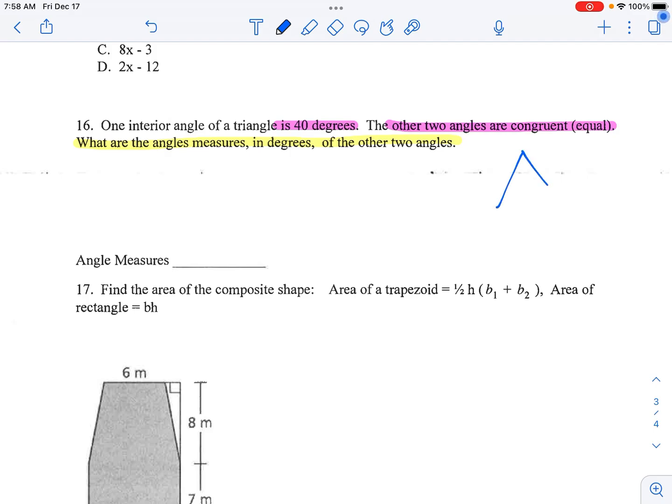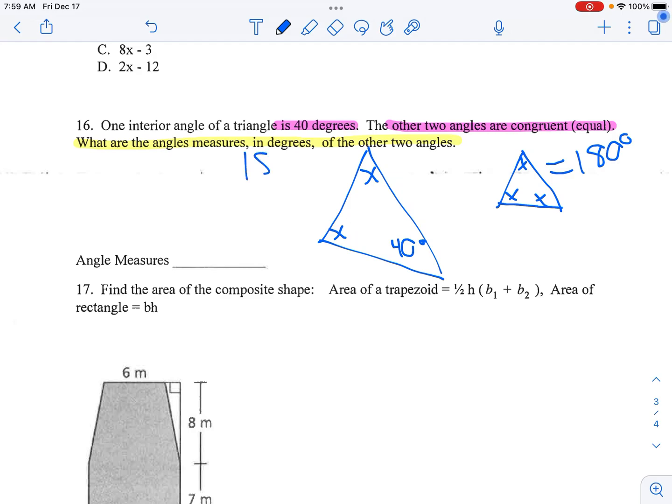So first of all, we need to understand, which we have not gotten to this chapter yet, that the sum of all degrees in any triangle is 180 degrees. So this angle plus this angle plus this angle will always total 180 degrees. So if I have a triangle, and if this angle is 40 degrees, and I'm trying to figure out what these two degrees equal, and I know they have the same measure, you first of all would subtract the known angle, which is 40, from the total degrees.